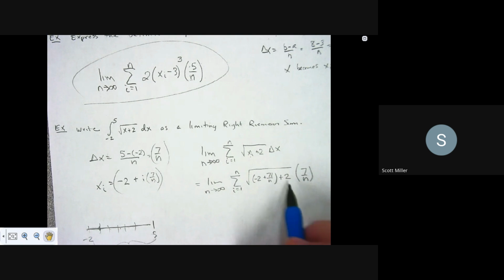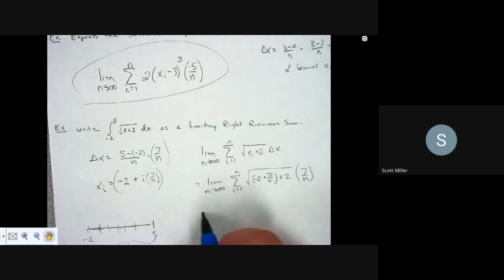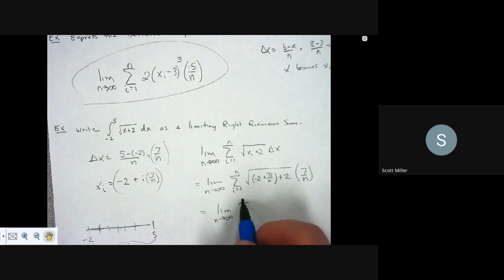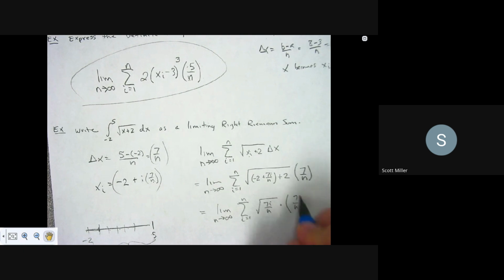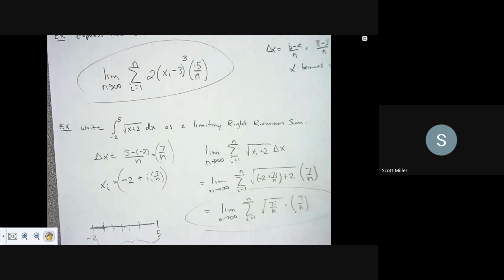Then you can clean this up just a little bit. So our final answer here is the sum from i equals 1 to n, and in here I'm going to get 7i over n times 7 over n. And that's how it could be expressed on the AP exam.